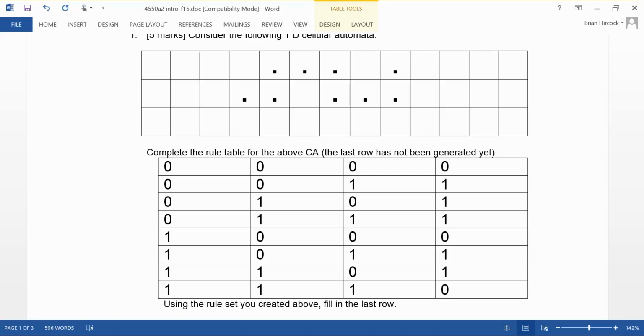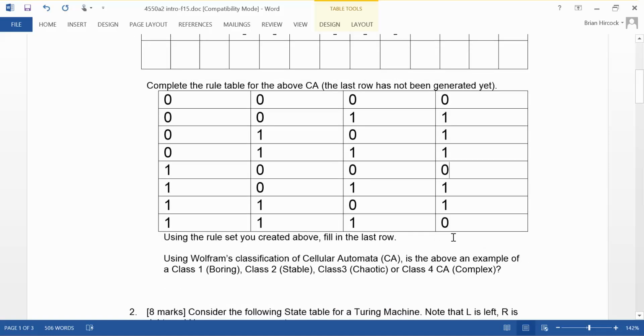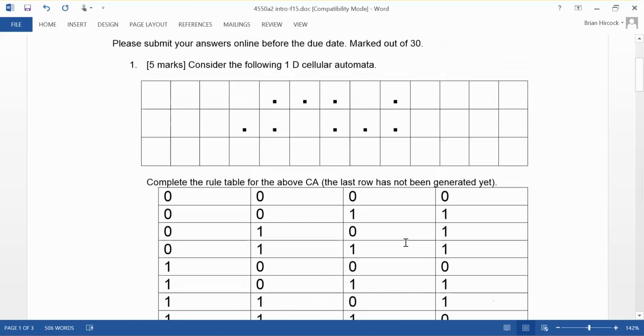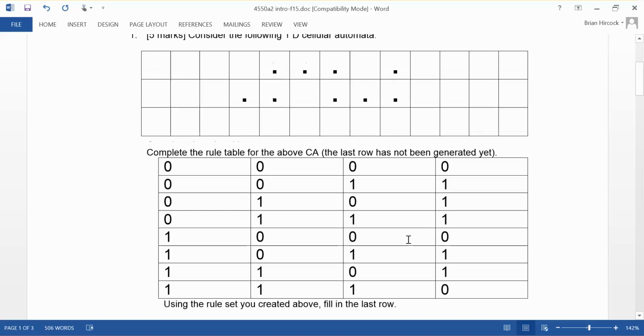So this is the set of rules. You're also asked to fill in the last row using this rule set. So 0, 0, 0 gives us a 0. 0, 0, 1 is a 1. So we put a 1 here, or a dot.